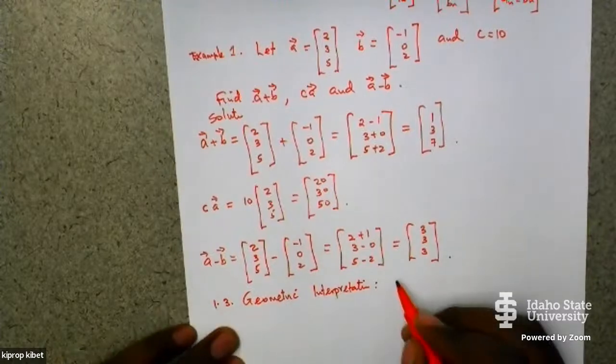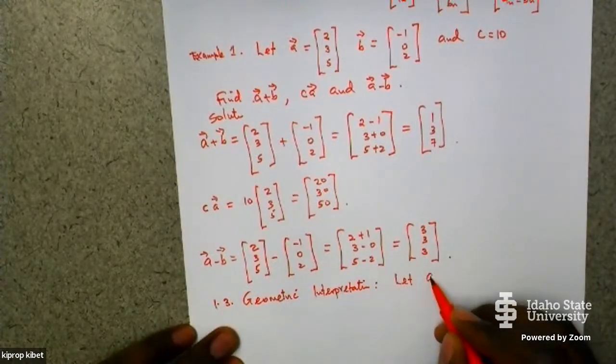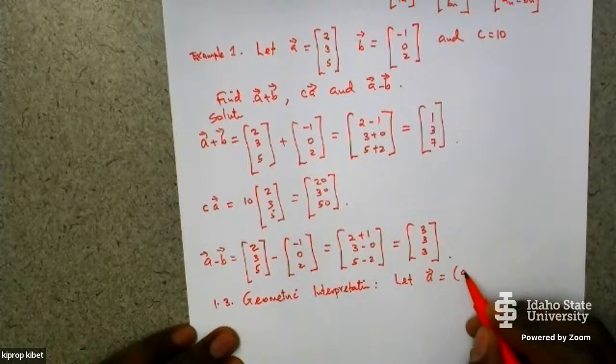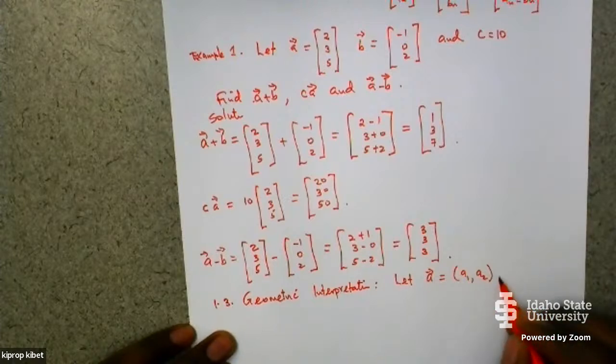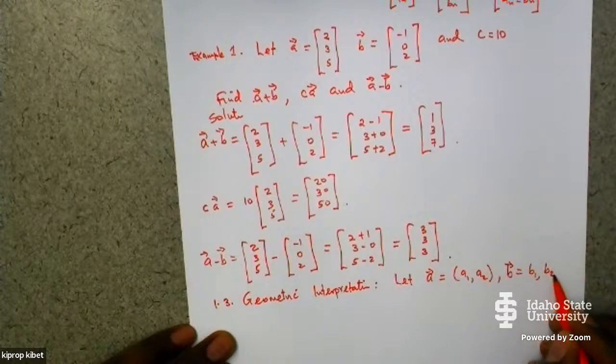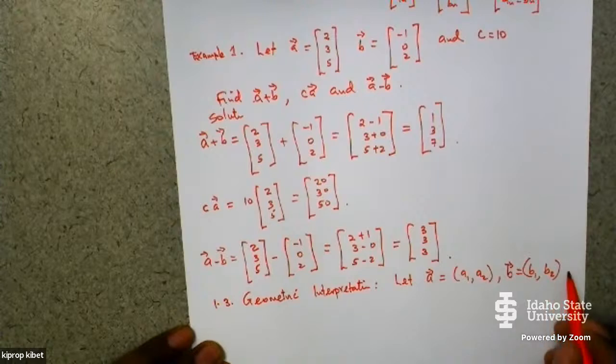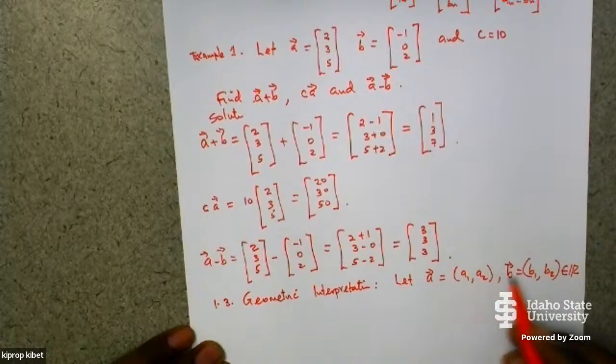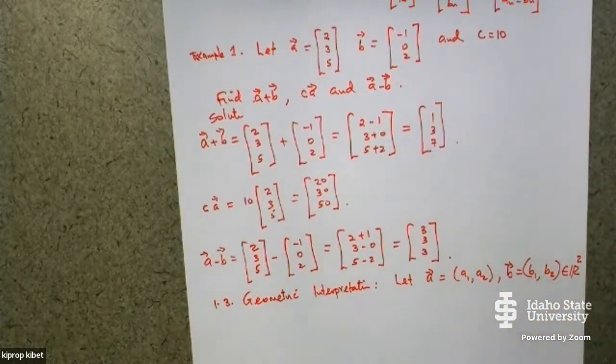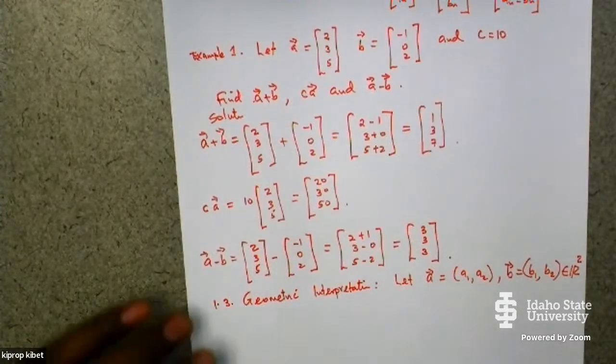So if we let the vector A be equal to A1 and A2, and B be equal to B1 and B2, and they are elements of R2, we have two vectors there.